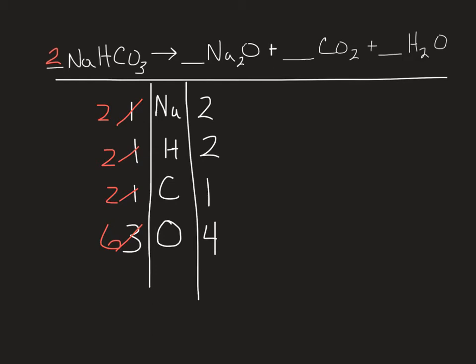So I'm going to put a coefficient of 2 in front of carbon dioxide, which changes carbon and oxygen. That makes my carbons 2, the whole reason I did that. And then again, pause the video and count how many oxygens there are. You should hopefully see that there are now 6 oxygens, which makes this chemical reaction now balanced.